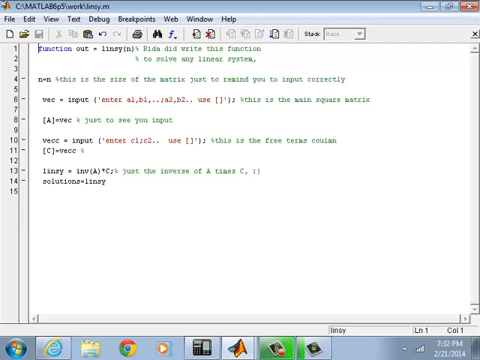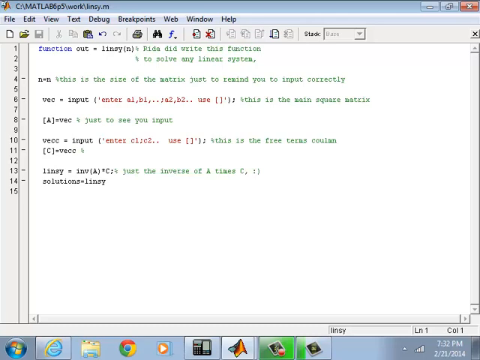If you have 3 by 3, then you need to put the coefficient of x, coefficient of y, coefficient of z, and a semicolon. Go down and put the second coefficient of x, second coefficient of y, and keep going. Anyway, we save it as a square matrix, call it A.